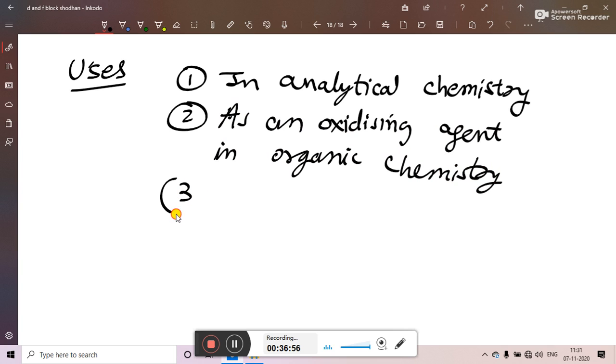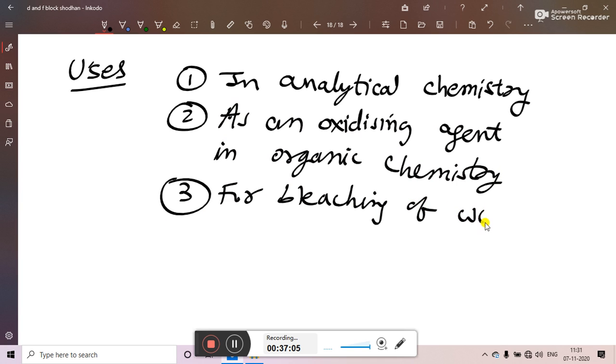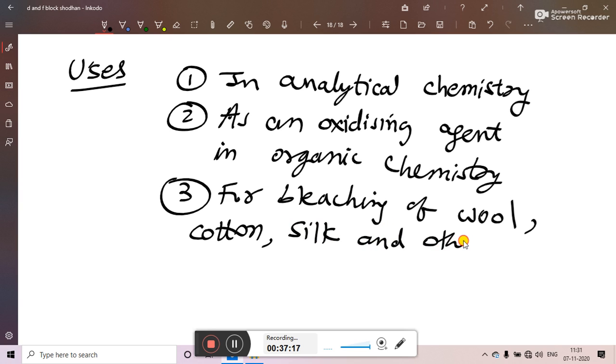Then it is used for bleaching of wool. So woolen clothes can be bleached, then cotton fabrics can be bleached, silk and other textile fibers. So for bleaching of the textile fibers we can use KMnO4.